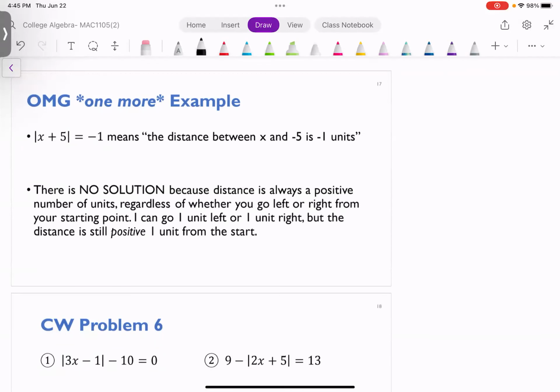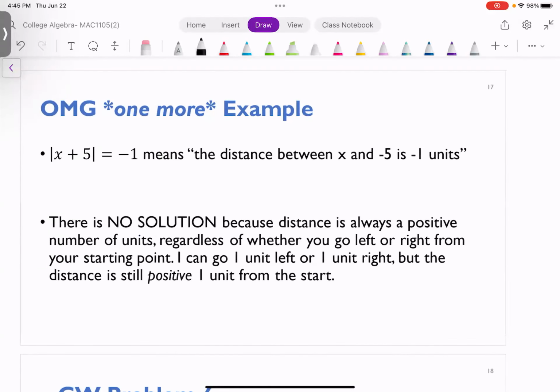That's right, another example. If I have an equation that says the absolute value of x plus 5 is equal to -1, that means the distance between x and the number -5 is -1 units. This is not possible because the distance is always positive.